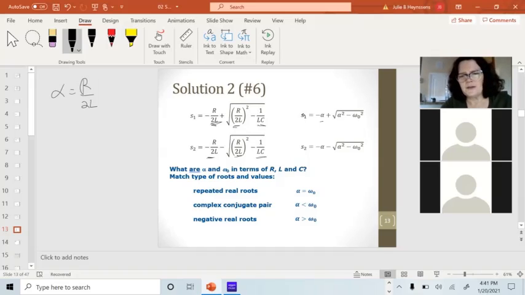And I'm going to replace 1 over LC with omega naught squared. So this thing called omega naught actually equals 1 over root LC. I will tell you at this point in time, if you ever have to guess what omega naught is, just say 1 over root LC and you're 100% guaranteed to be right, unless they did something really weird.